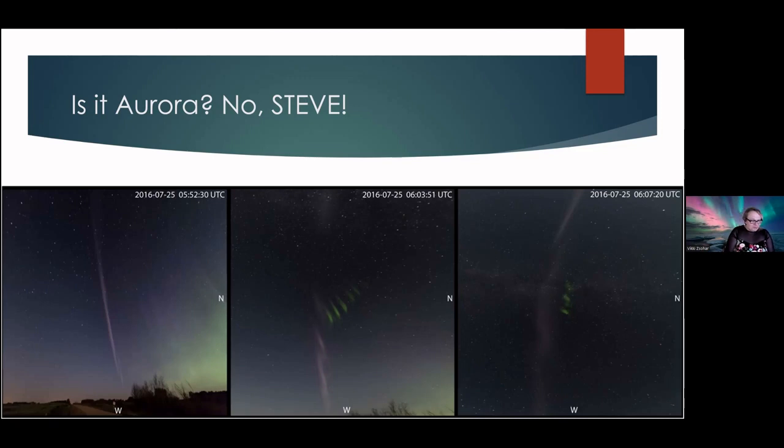And basically what Steve is, it's a so-called SAID, S-A-I-D, which is a sub-auroral ion drift. It is also known as a polarization jet. It's an atmospheric phenomenon driven by substorms in the Earth's magnetosphere.